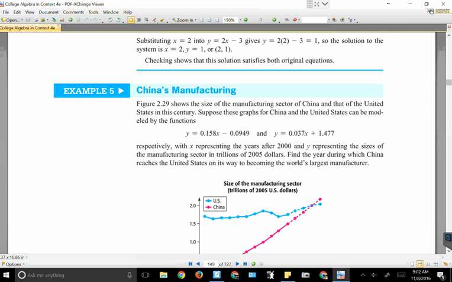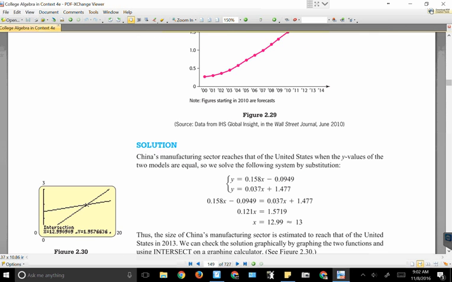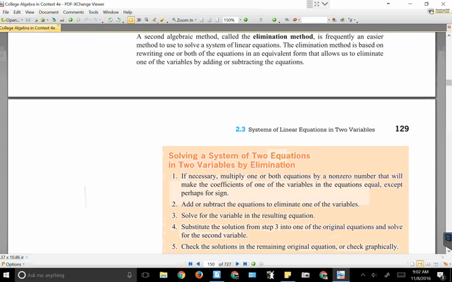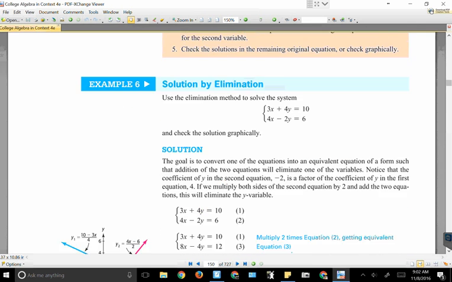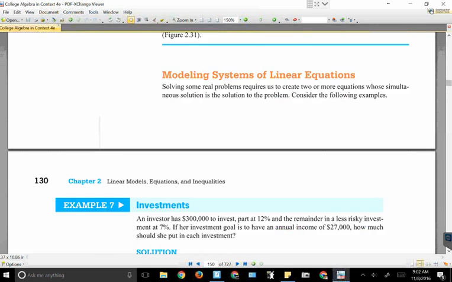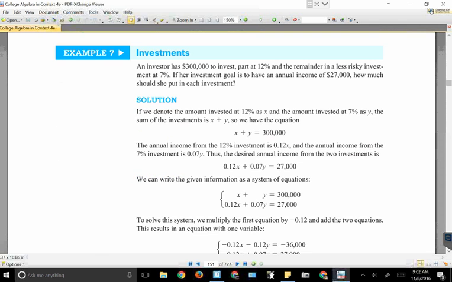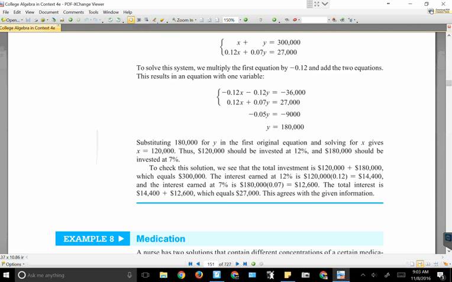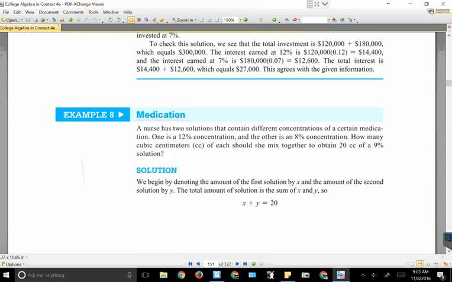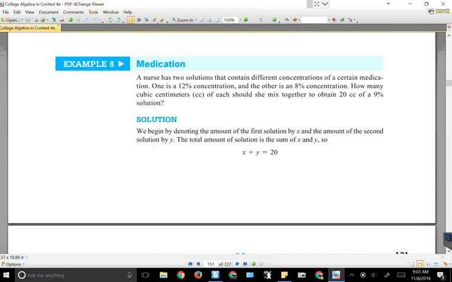Let's see. Got equations there. When should you use graph? When should you use any method? I'm talking about medication. One nurse has 2 solutions that contain different concentrations of certain medicines.